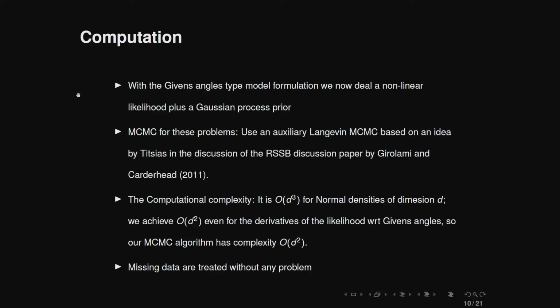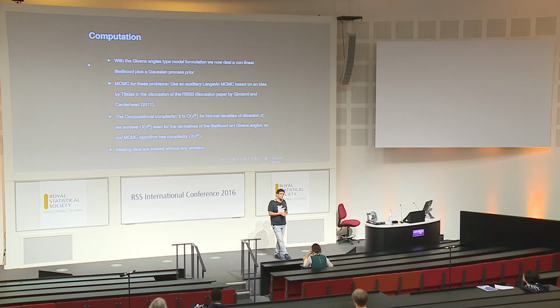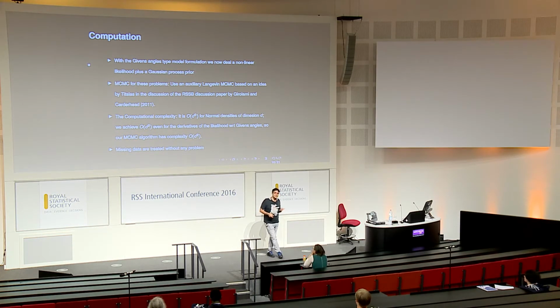So when I design an MCMC algorithm here, whatever I do, I have to be very careful about its scalability. One problem is the following: whatever method I use, every time I have to calculate the multivariate normal density, and calculation of the multivariate normal density is O of d cubed, where d is the dimension of the density.